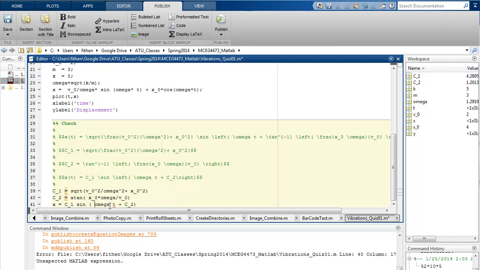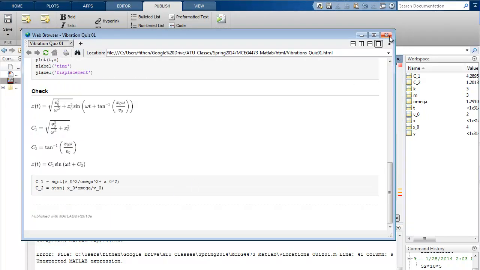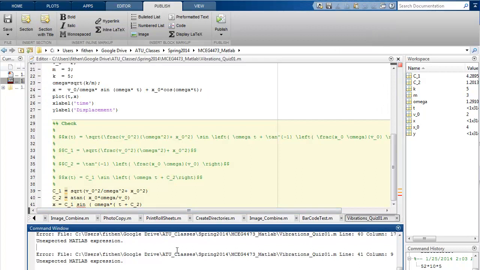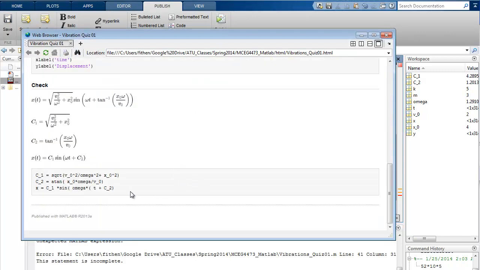I need omega, and I need a times symbol here. So publish that. Uh-oh. Blew up on me. Let's see, what did I do wrong? Probably there needs to be a times in front of this. More than likely.